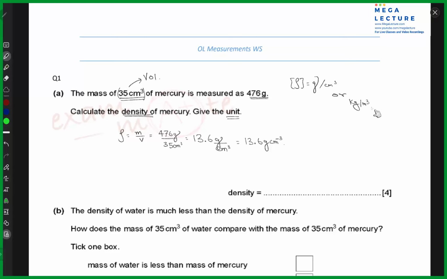So these are the sensible units for writing density. So the correct answer would be 13.6 grams per centimeter cube. So that's clear with everyone, right? Yes. Okay, great. So this was for 4 marks, and these 4 marks were very simple to secure.